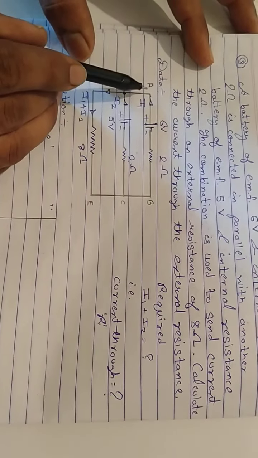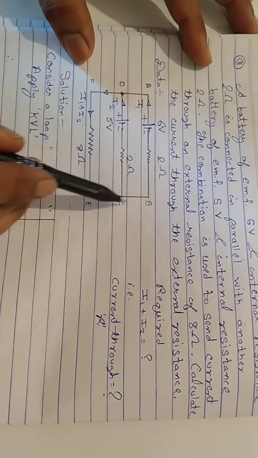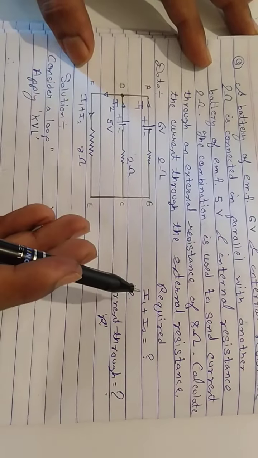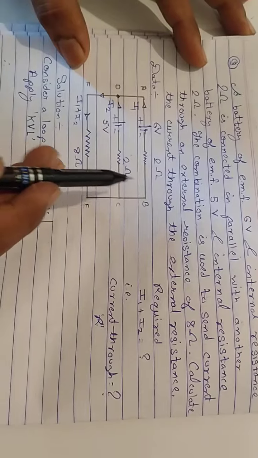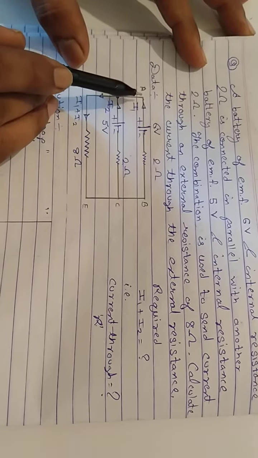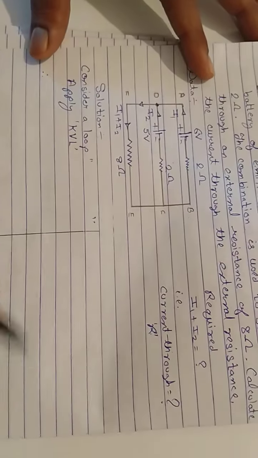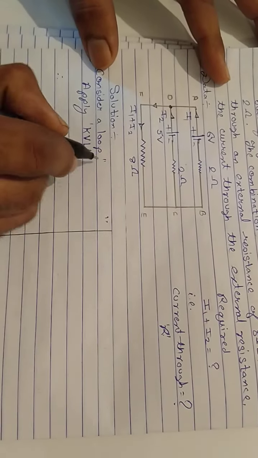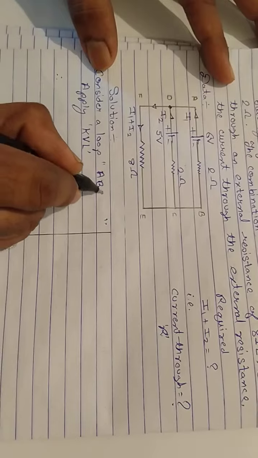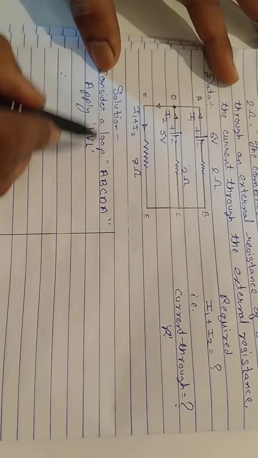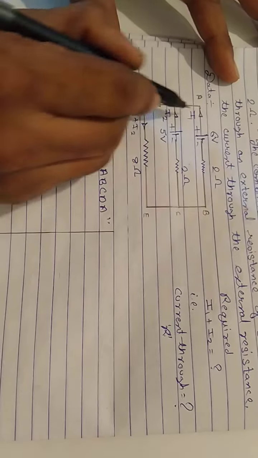Now we have given names to the loops. We observe two loops, 1 and 2, and there is one more loop, the bigger loop. You can apply KVL on either of the two loops. So let us consider the first loop, A, B, C, D, A. Apply KVL.